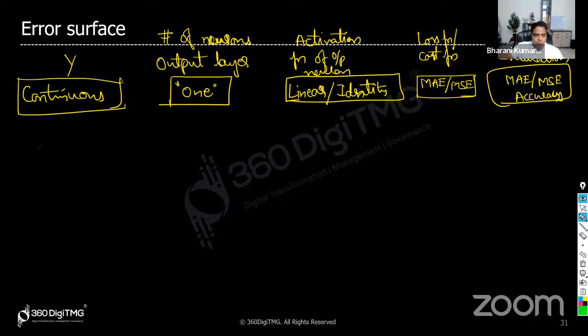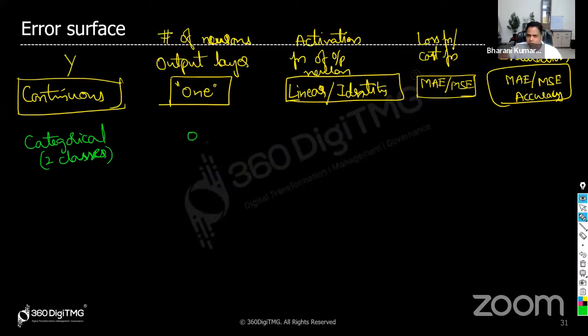What if your output variable is categorical? And what if you have two classes? Then what will happen? How many neurons will you have in your output layer?